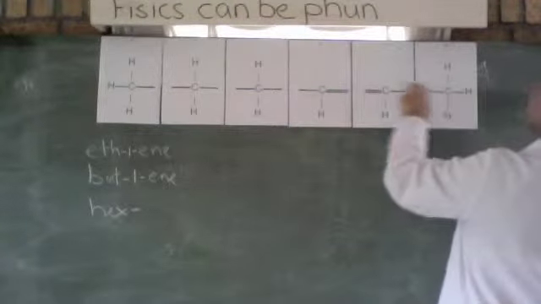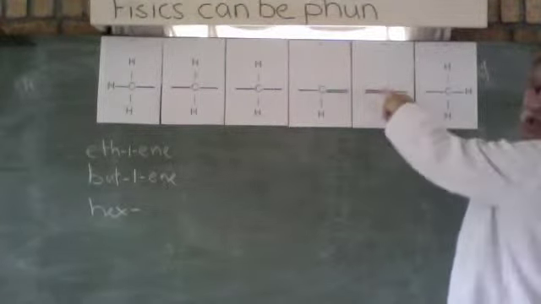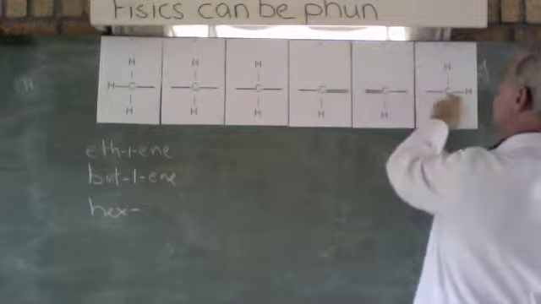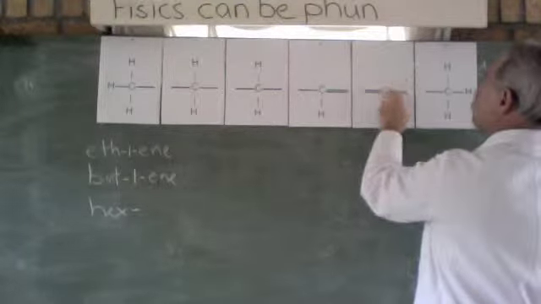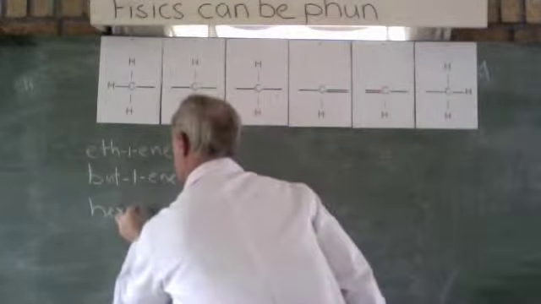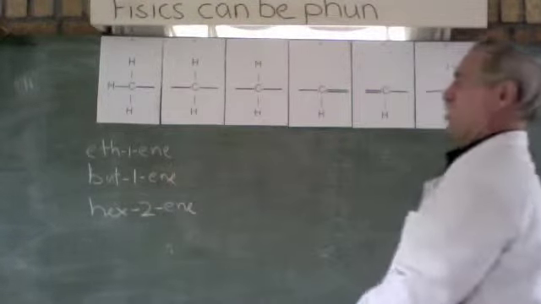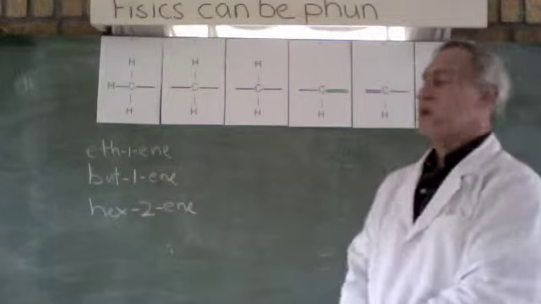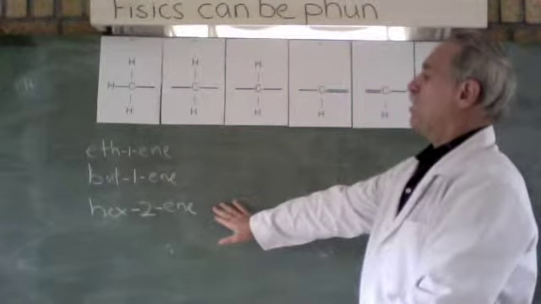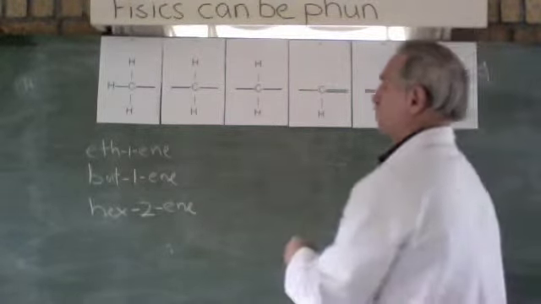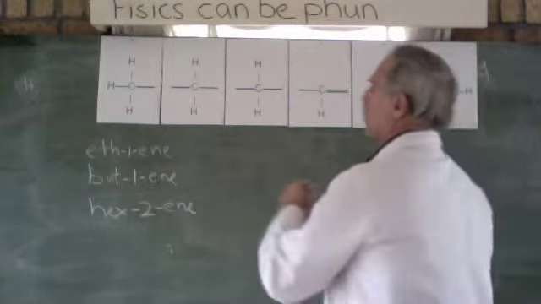We could count 1, 2, 3, 4, and this is carbon number 4. We could count 1, 2. Which is smaller? 2 is smaller than 4. So we're going to say carbon number 2 is our double bond, hex-2-ene. And there we go. That's how we name the alkenes.